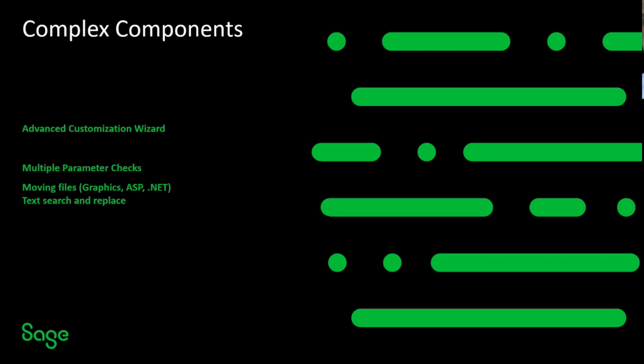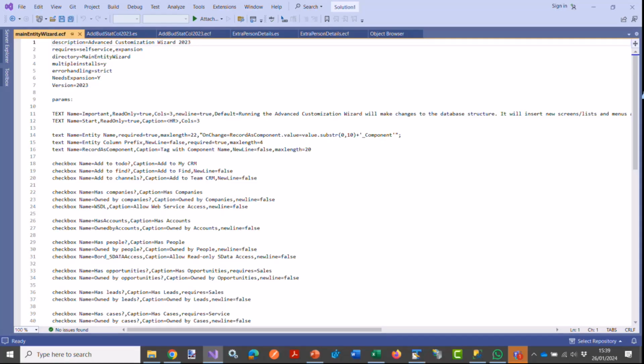This is all about parameter files and ES files needing to make decisions around multiple checks about implementation, about what's happening, and then the idea of moving files, changing text within files, renaming the files as they are implemented. So doing a lot of changes.